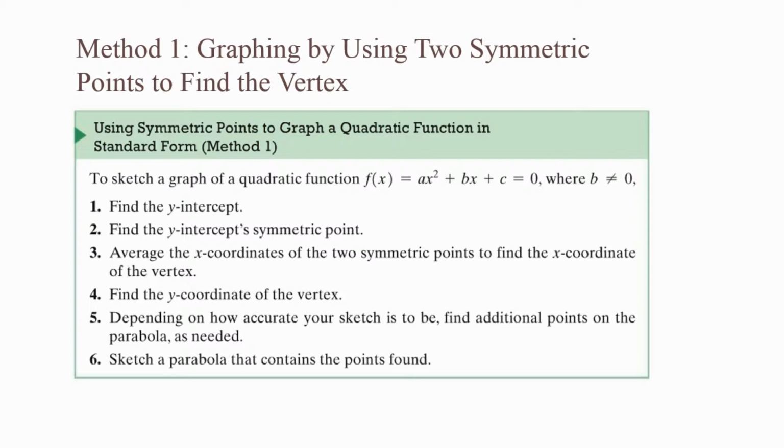Average the x-coordinates of the two symmetric points to find the x-coordinate of the vertex. 4. Find the y-coordinate of the vertex. 5. Depending on how accurate your sketch is to be, find additional points on the parabola as needed. 6. Sketch a parabola that contains the points found.